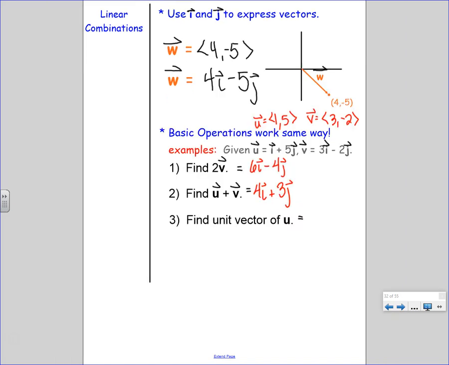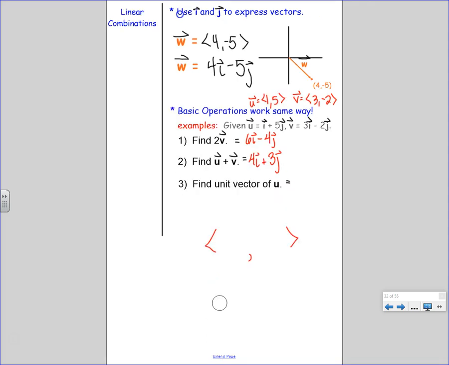But we're also going to review right here at the end of class unit vector. Ooh, that was a thing. Unit vector. We're doing it on the board. You guys actually kind of just discovered what it was. Let's just do it in components, then we'll rewrite it. Who am I doing a unit vector of? Okay, and it already has 1 and 5, right? Do you remember how or why I'm drawing the division sign? I need to divide by the magnitude of u, remember? And the magnitude of u, even if it's given in this form, I can still say, well, the coefficients are 1 and 5, so I'll do 1 squared plus 5 squared, which ends up being root 26.